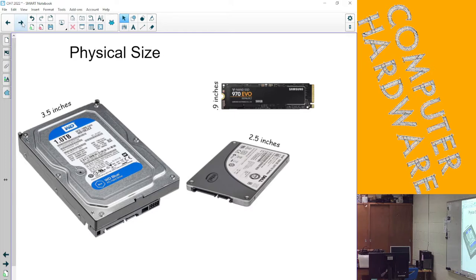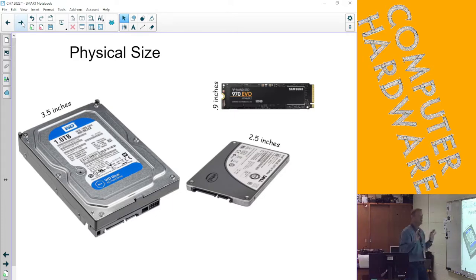It pops in, and there's a little spot to screw it down right there. So that's the physical difference between the three different options of hard drives that we have today. Those are the only three options. Physically, it's 3.5, 2.5, and M.2. Okay? So that's the physical difference.